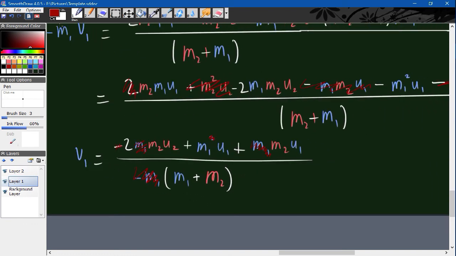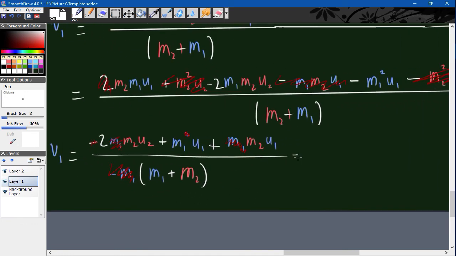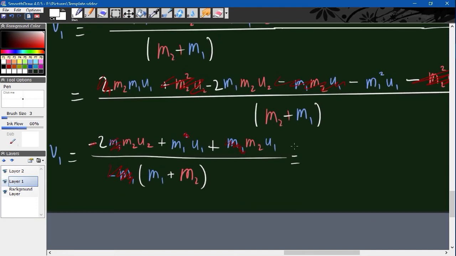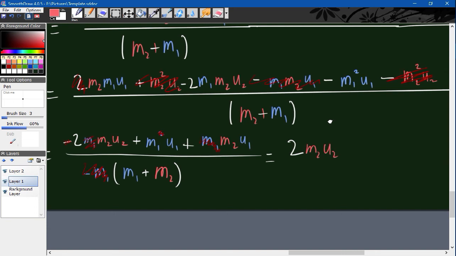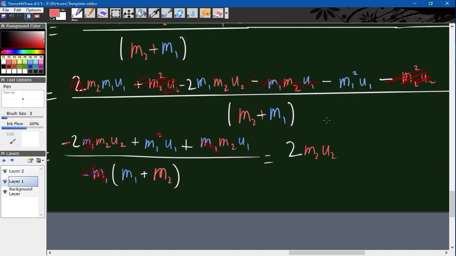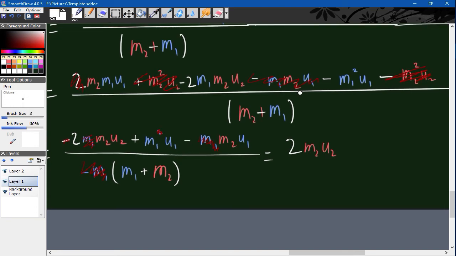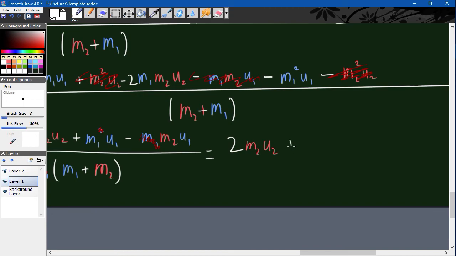And there we go. If we rewrite it again, we'll end up with 2 M2 U2. Oh right, I almost forgot. We changed that to a negative sign. Plus.